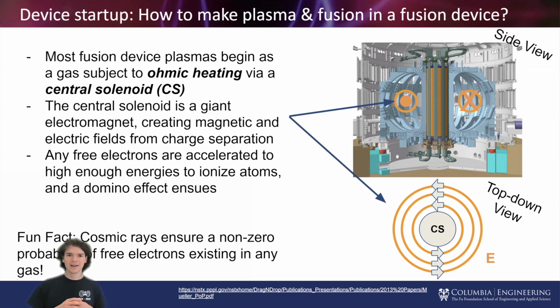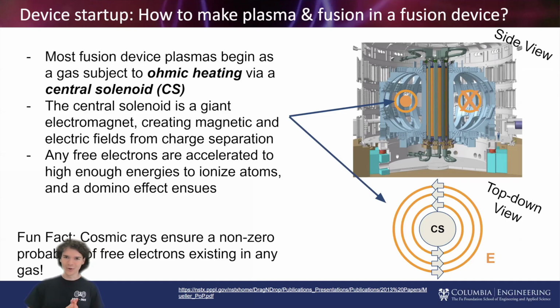And as it does that, any free electrons that are within this sample of gas are accelerated by this electric field. And in fact, thanks to cosmic rays that come down from outer space, any free sample of gases on the surface of Earth will actually be ionized by these cosmic rays, and they will create these free electrons that are just kind of floating around normally in a sample of gas.